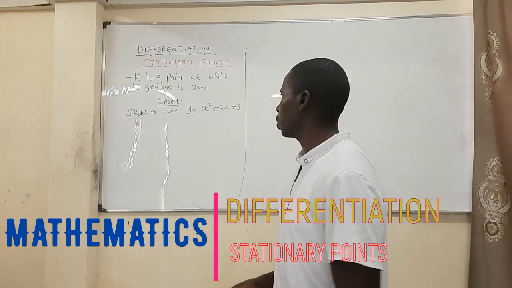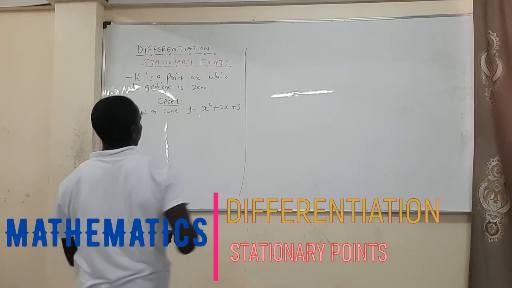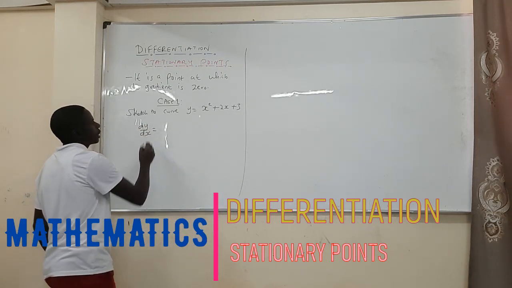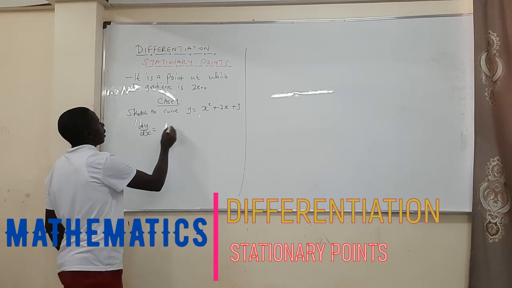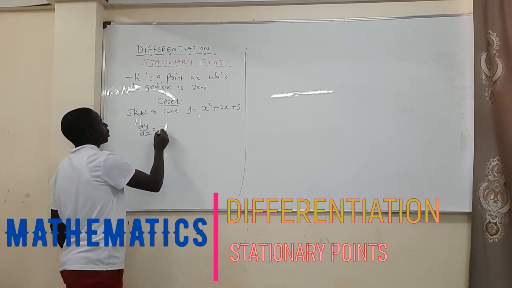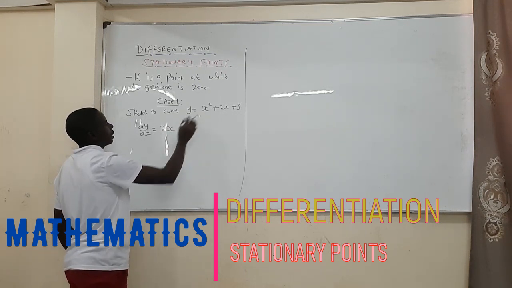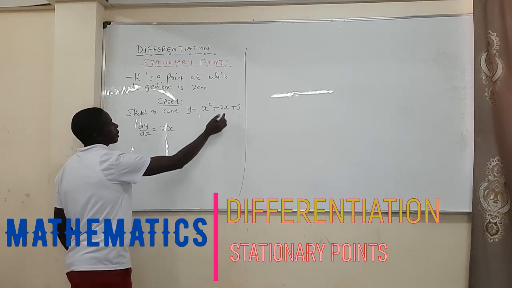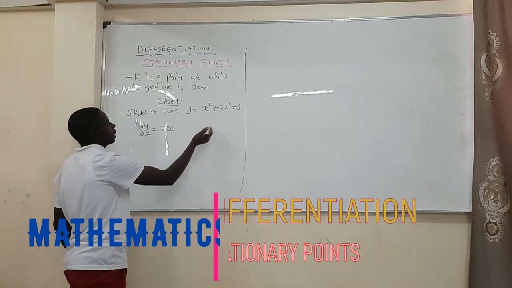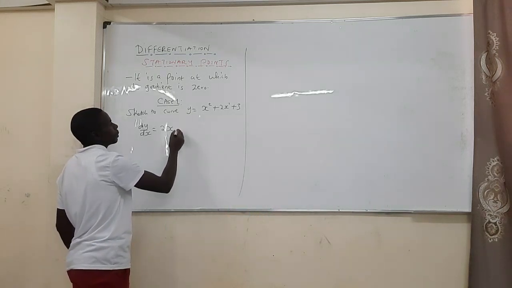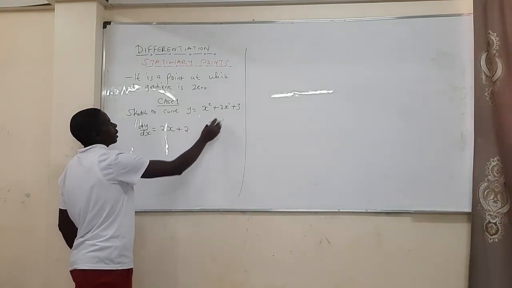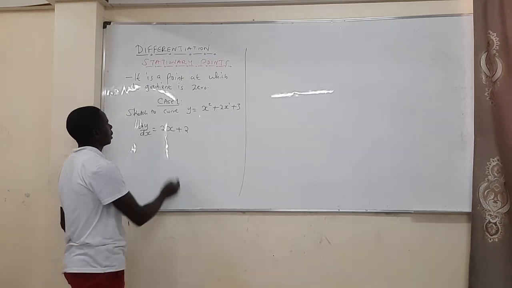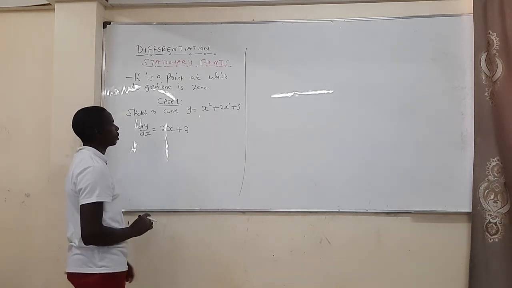The first thing to do is to get the derivative, the gradient function. d over dx: we drop the power, get 2x, then 2 minus 1, we get 1. For the 2x, drop that power, you get 2 times 1 is 2, then x to the power 1 minus 1 is 0. So that is our derivative of that function.